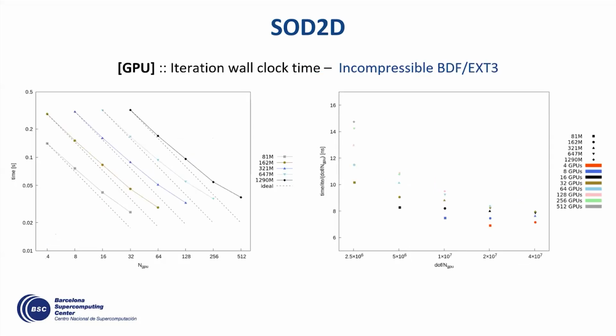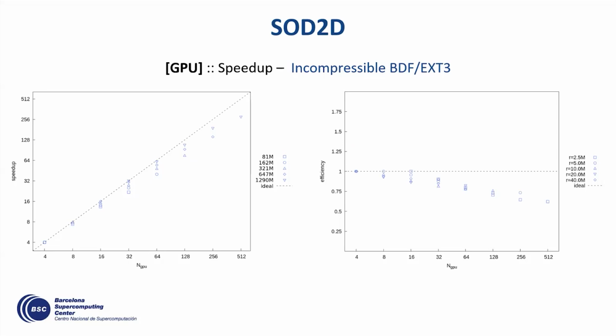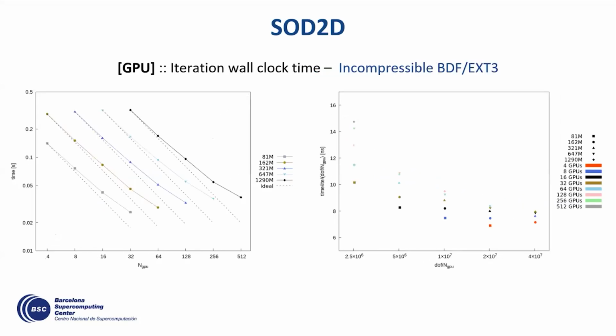But anyway, basically it is what you see when we have a small load ratio: we have this increase in the difference between the time it takes running with more GPUs and with fewer GPUs. But still, if you are using, let's say, above 10 million degrees of freedom per GPU, our scalability is going to be really, really good. So we are really happy with that.